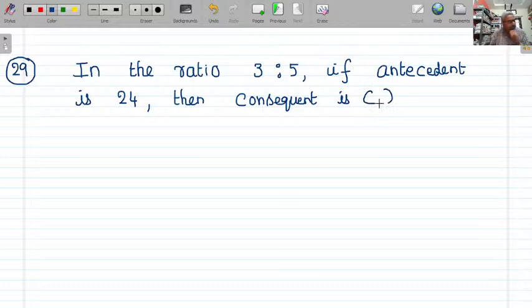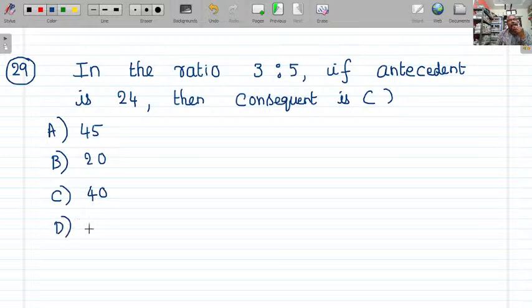That we need to find out. Option A 45, option B 20, option C 40, option D 120.